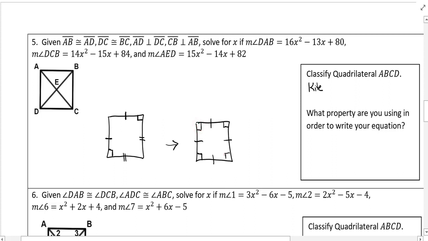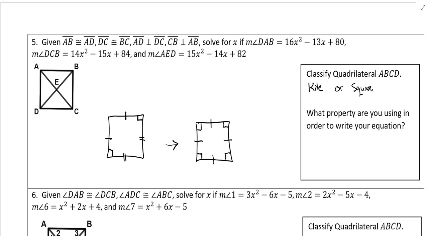So you'd end up with all angles being 90, meaning it's a rectangle and a rhombus, so it'd be a square. So we're either looking at a kite or a square. We're just not sure which one it is, so there's not enough information to determine if it's a kite or a square, but it's got to be one or the other.